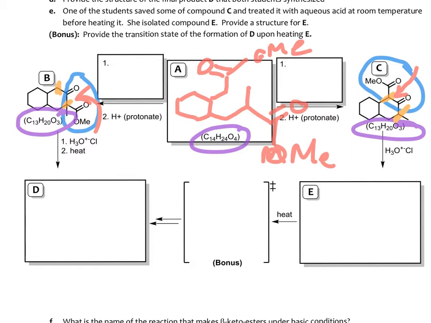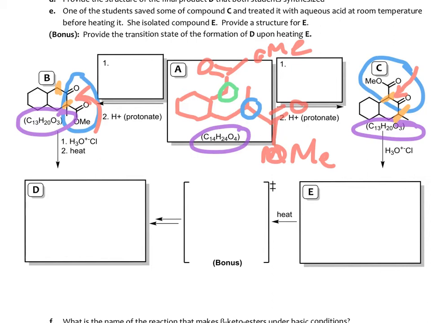So the question becomes, if we form compound B, it means that we enolized here. To form compound C, it means that we enolized here. So what's the difference between those two enolization events?